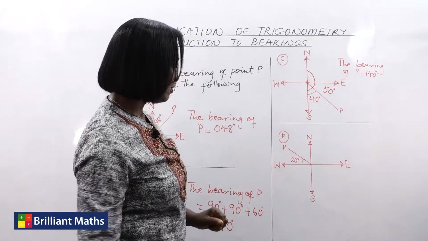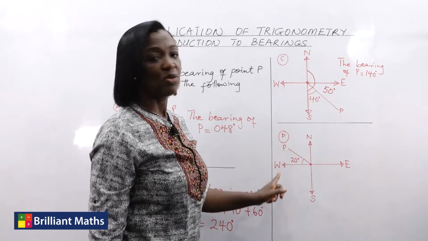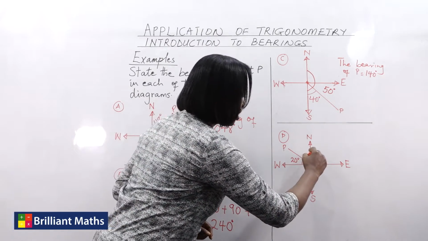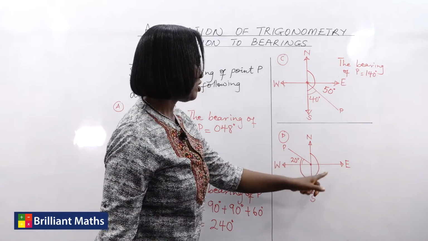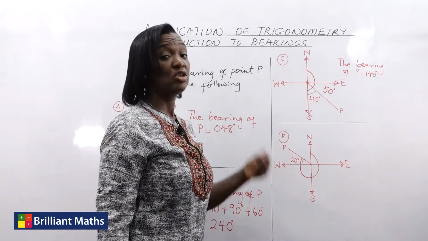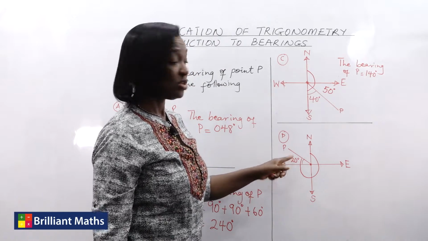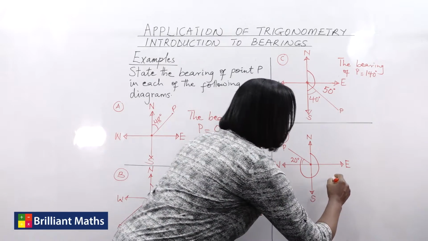And then finally, we have P between north and west, and that is 20 degrees. The sum of all the angles going clockwise, that's 90 plus 90 plus 90, giving us 270 degrees, plus 20. So the bearing of P is 290 degrees.